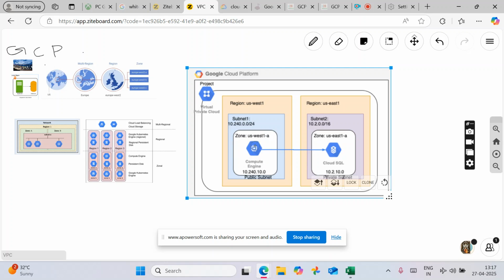Maybe your resources are in the same subnet or in different subnets, which allows these services to interconnect and talk to each other via IP addresses, which is again inside a VPC, either at the zone level, region level, or multi-region level. All the connectivity happens inside your virtual private cloud. Each of the resources talks to each other via IP address.